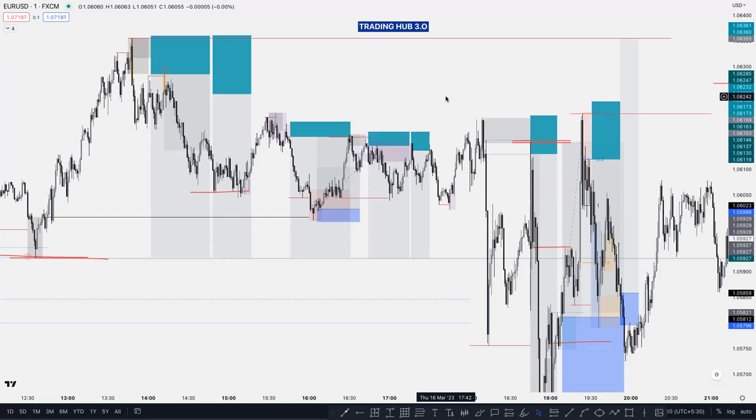Please explain more. We don't need 1 minute. Where is the question? If a 15-minute candle sweeps high low before entry? Yes, sir. If a 15-minute candle high low sweeps, then no need for inducement. If a 15-minute structure sweeps, then you need inducement. Correct? And this happens in the 15-minute.